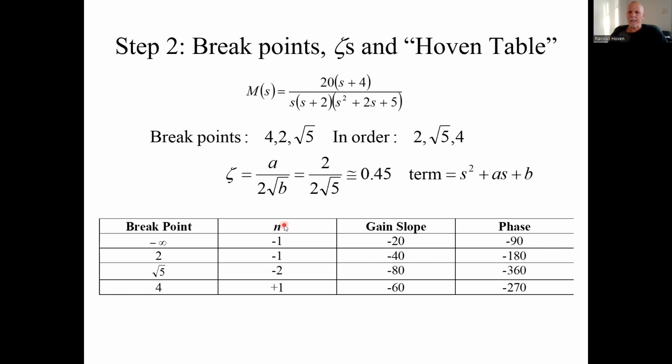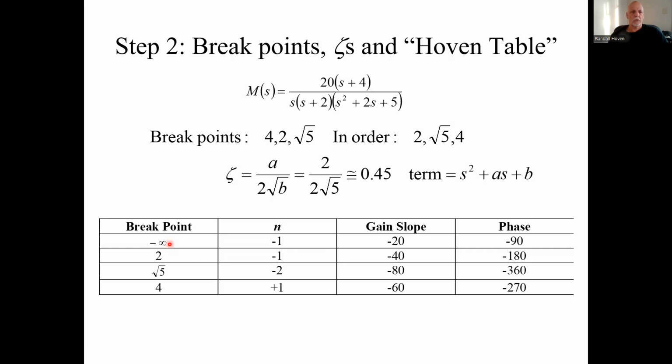What is n? That's like the power. And I'm going to say it's positive for terms in the numerator and negative for terms in the denominator. In this case, nothing's to any power, they're all to the first power. So the real guys are going to be a step of 1, and the complex guy a step of 2.